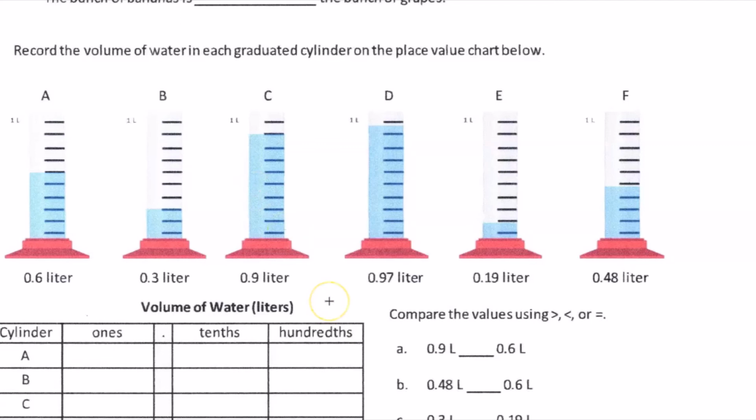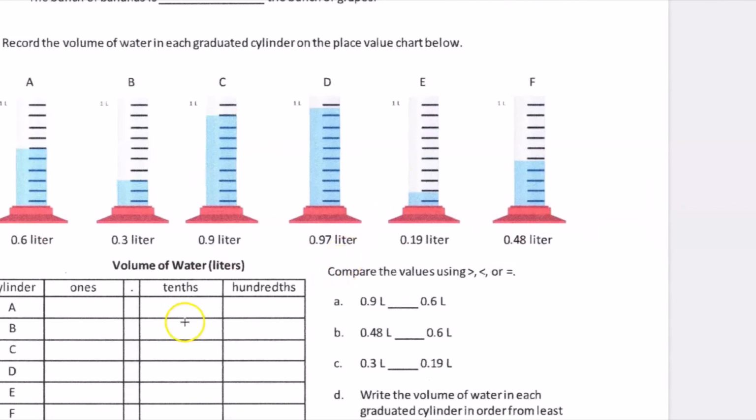On the place value chart below, you need to look at these cylinders. There's cylinder A, B, C, D, E, and F. And we need to look at the decimal for the liters. So on A, I'm looking at my liters here. This is 1 liter at the top.